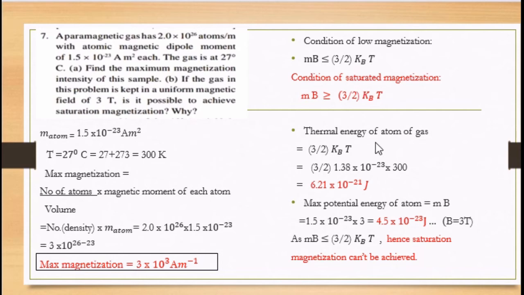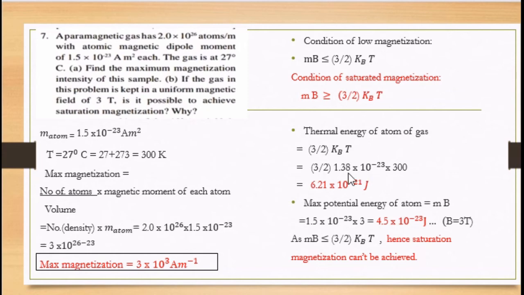So let us find out the value of this first, 3/2 kBT, which is the thermal energy of an atom of gas. Just put this 3/2 as it is. kB is the Boltzmann constant whose value is 1.38 into 10 raised to power minus 23, and the value of T, which is 300 Kelvin, we have to put here.